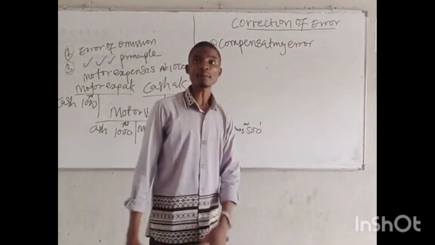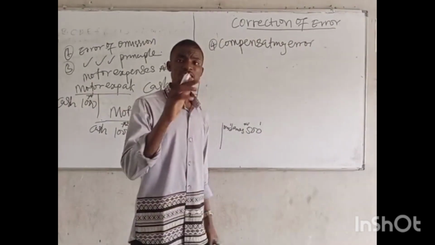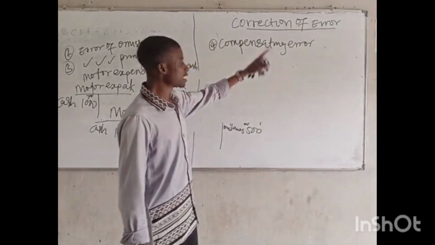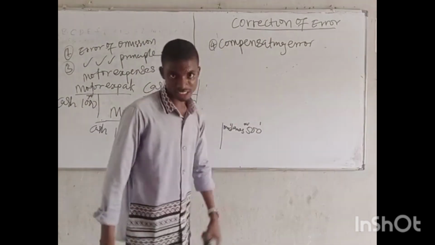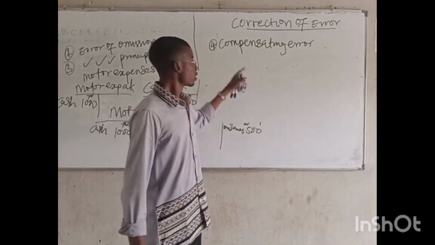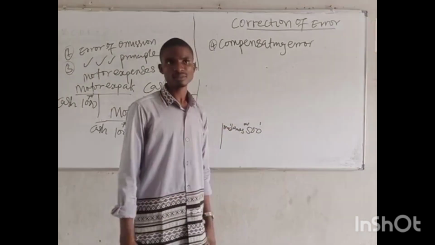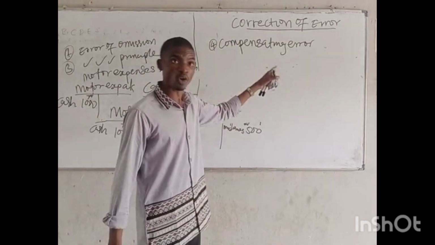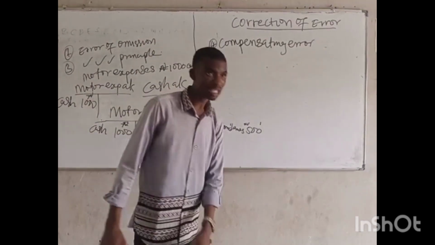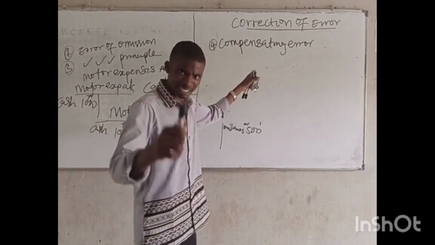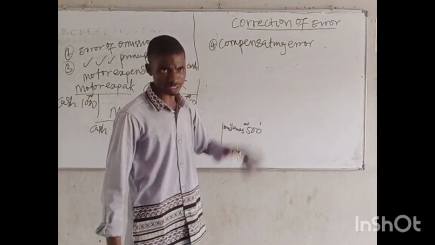Compensating error is a type of error committed in such a manner that the net effect of that error, both in the debit and the credit side of the trial balance, will amount to nothing. What I'm trying to explain is that the compensating error is a type of error committed in such a way that the net effect of that error, both on the credit and the debit side, amounts to nothing.